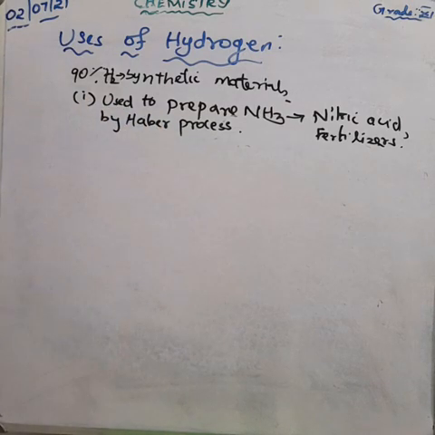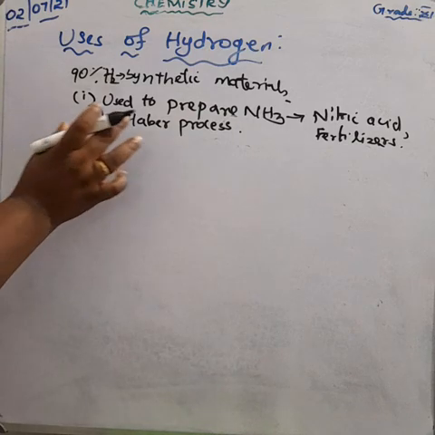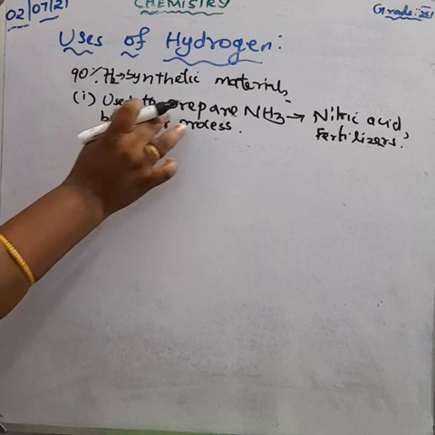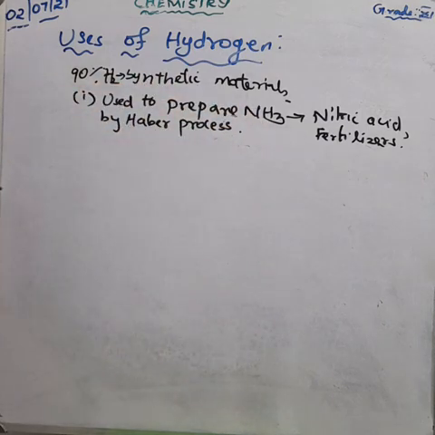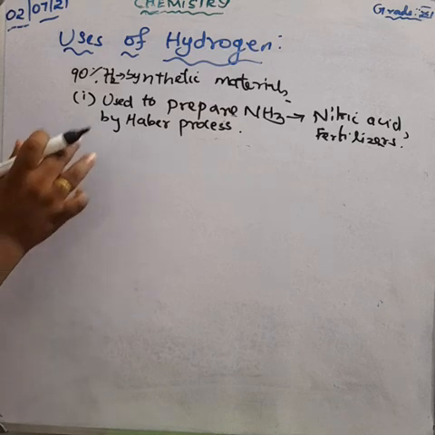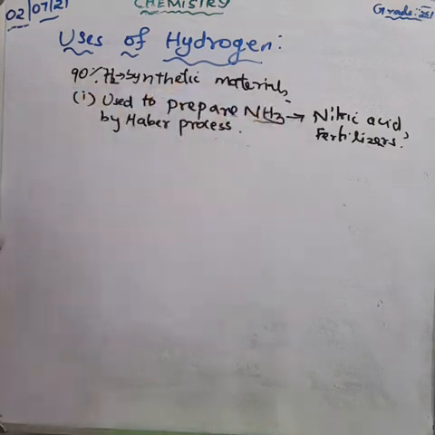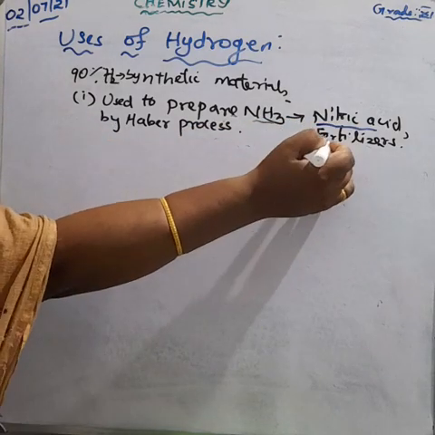So the first application, first use: hydrogen is used for the synthesis of ammonia by the Haber process. What is the purpose of preparing ammonia? Because ammonia is used for the manufacture of chemicals such as nitric acid, fertilizer and explosives.